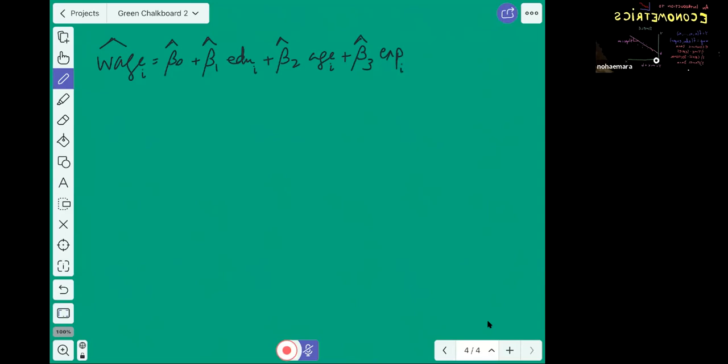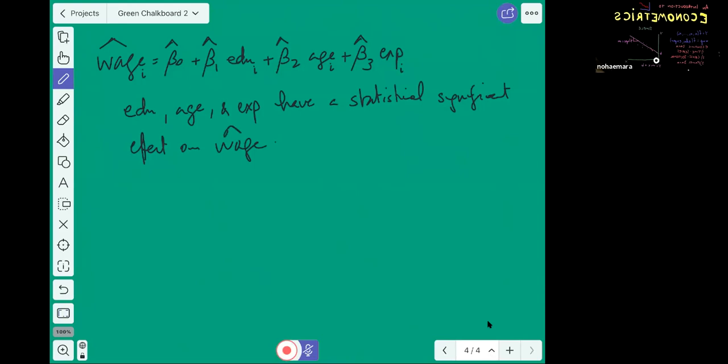Okay, now suppose that I want to test whether education, age, and experience have a statistically significant effect on wage. In order to do that, I'm testing more than one coefficient at once.